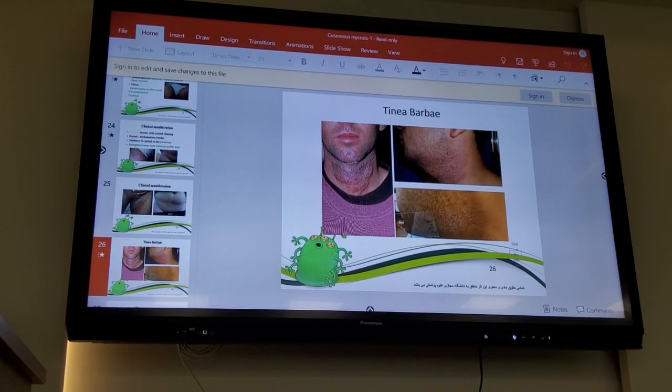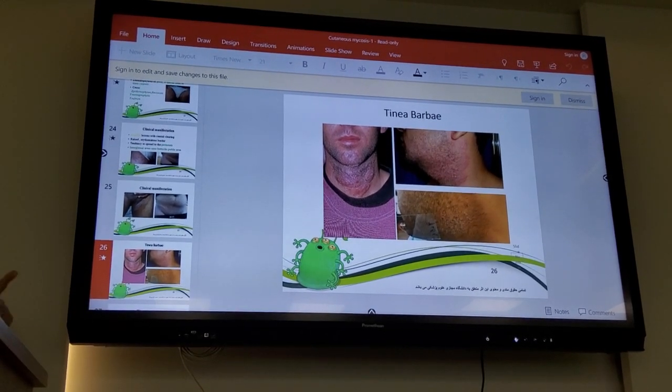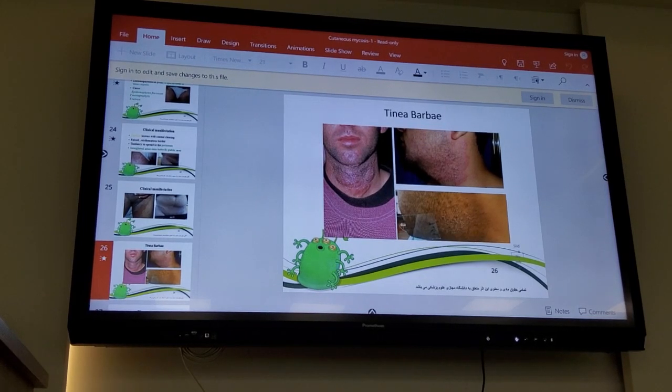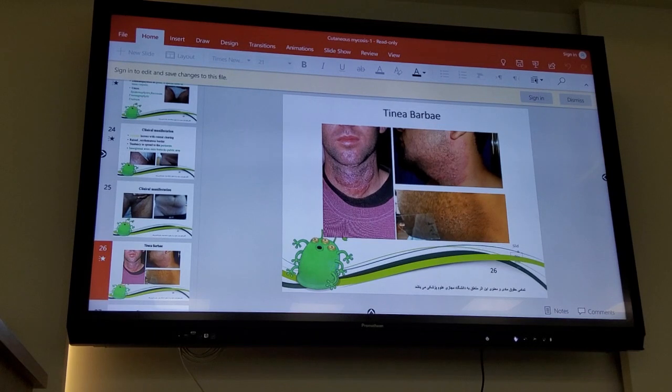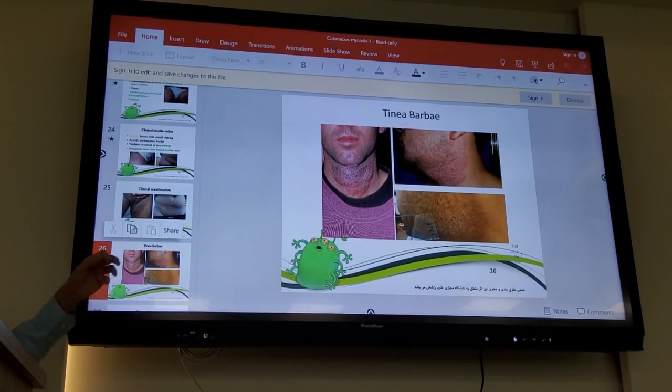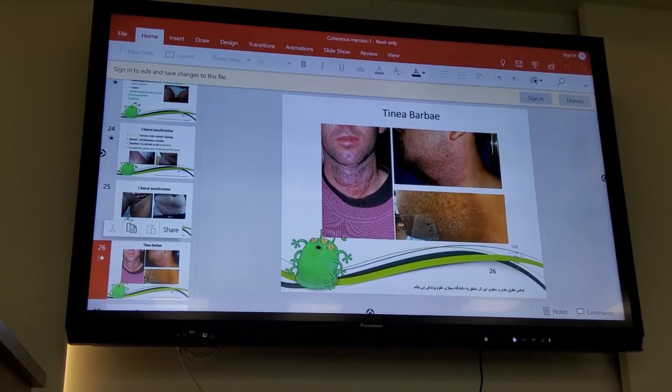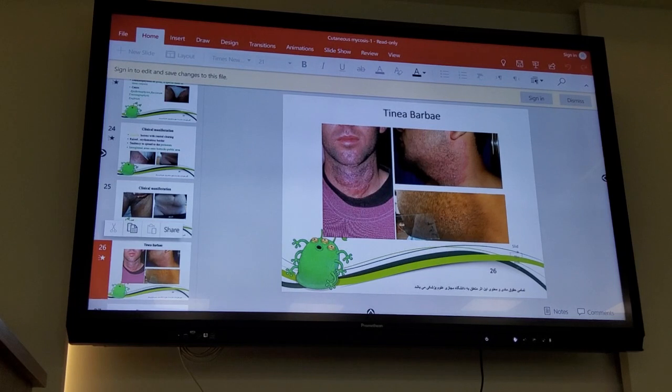In the deep, or second type of tinea barbae, you can see folliculitis that involves the mustache and sometimes leads to hair loss, and sometimes produces deep abscess in the follicular type, in deep involvement of hair, mustache, especially in men.